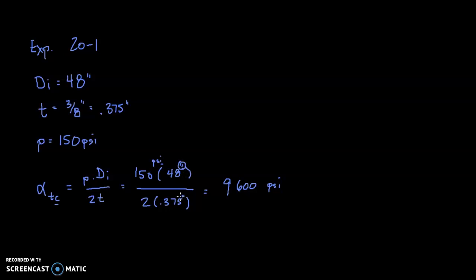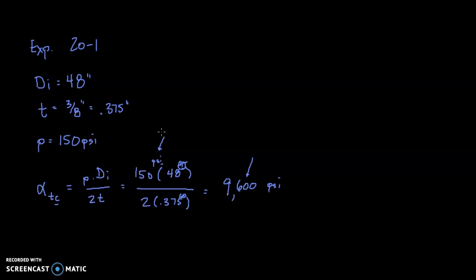It's actually this inch and this inch that cancels out. And so the units of stress that are used here is just what the units of stress I get here. So I suppose all this didn't need to be psi. It was, and so it all worked out. 9,600 psi.